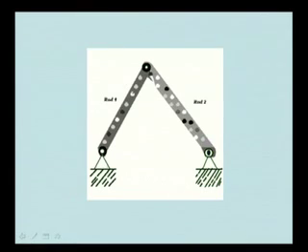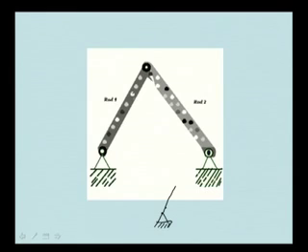Now here is an example: this is rod 1, this is rod 2, and if you want to find out the reactions, then for rod 1 you have to proceed like this. This is the force acting on this rod.